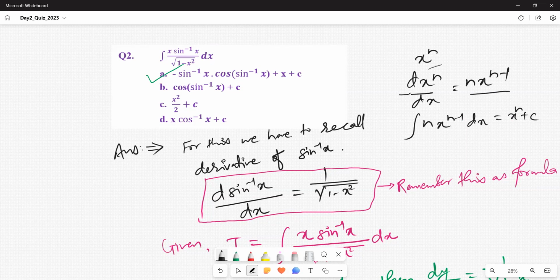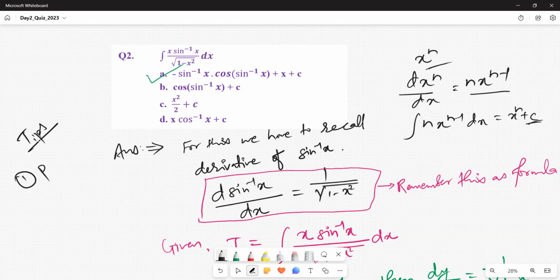So we get the original term back, and this constant is the constant of integration, because a constant becomes 0 while calculating the derivative. So sometimes it is not 0, so we have to put it when we are doing integration. Anyway, in an entrance exam, what you do is play with options, take the derivative of the options, and whichever gives this term will be your answer. And next, the tips for this question.